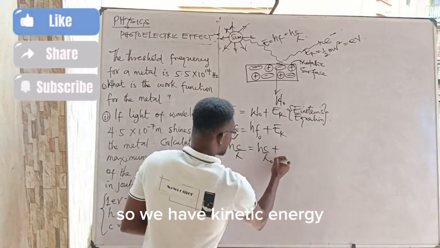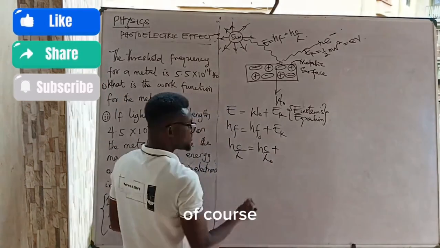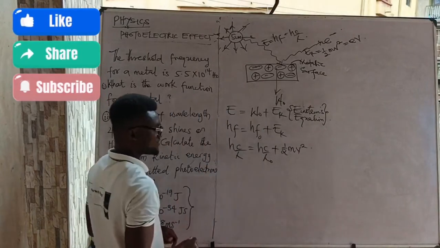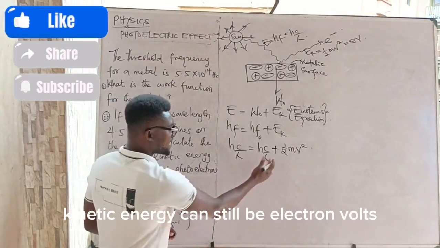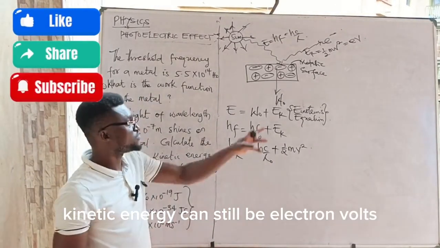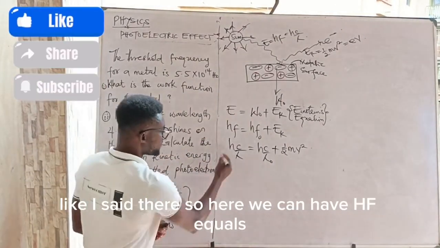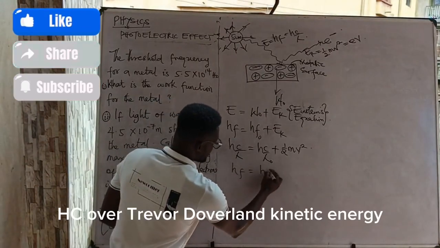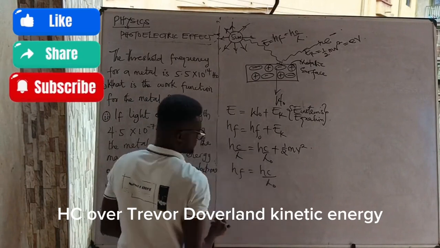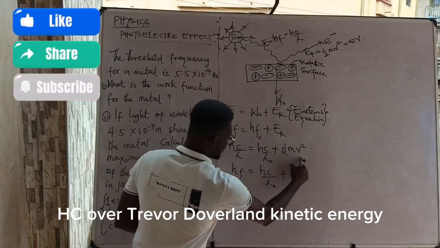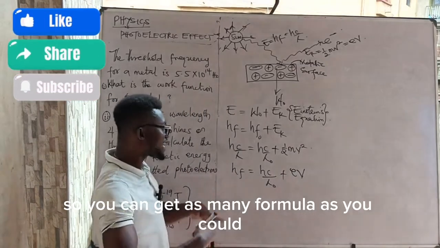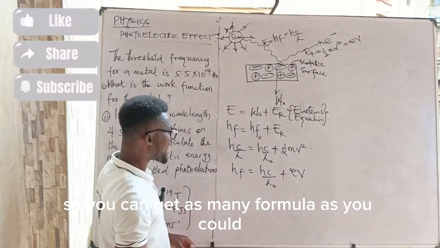So we have kinetic energy. Of course, you know that kinetic energy is half mv squared. Kinetic energy can still be in electron volts, like I said there. So here we can have hf equals hc over threshold wavelength plus kinetic energy in electron volts. So you can get as many formulas as you could.